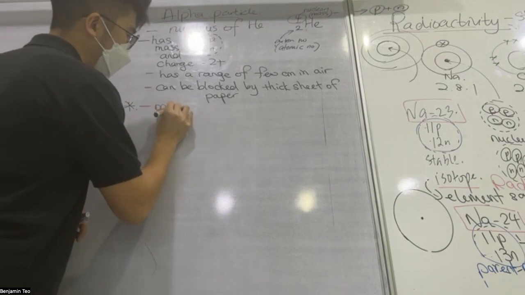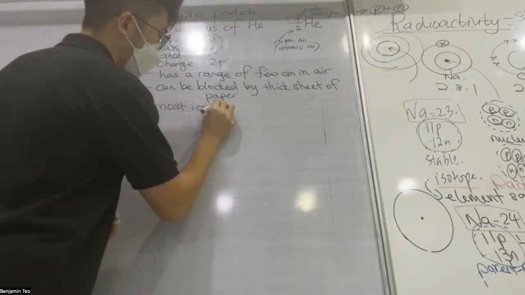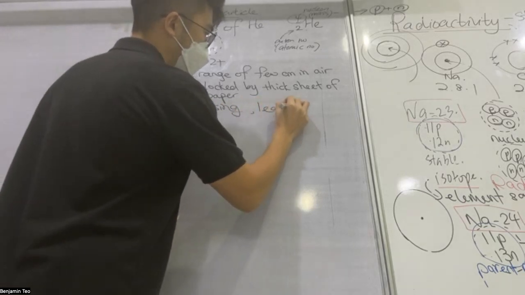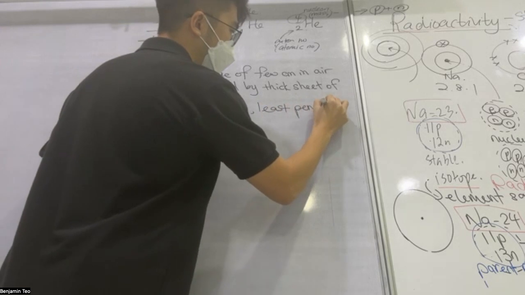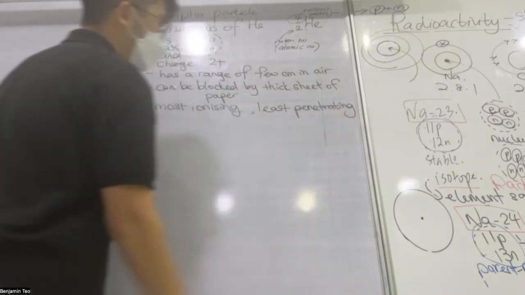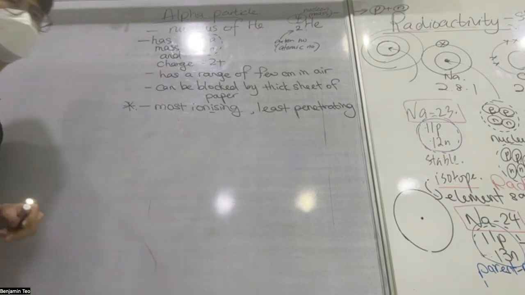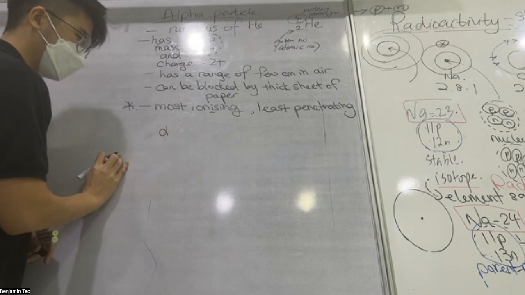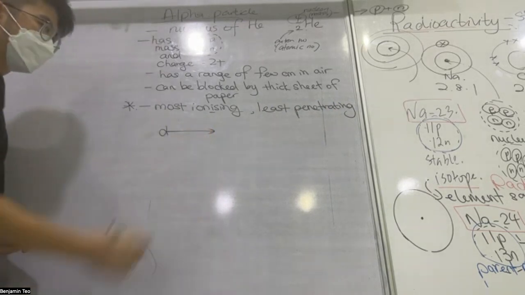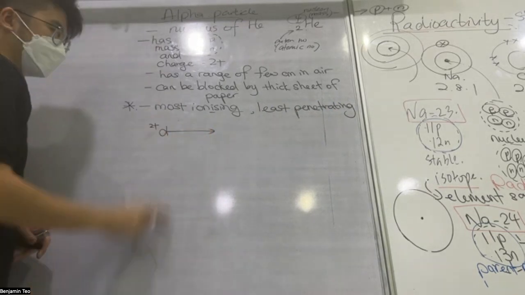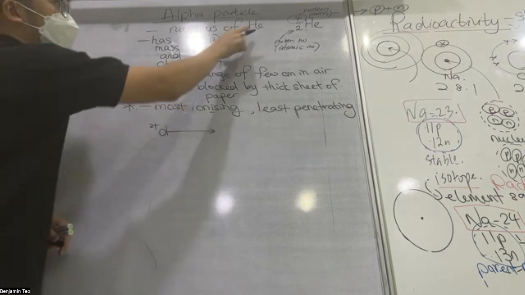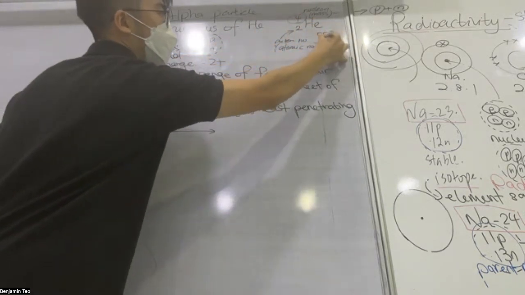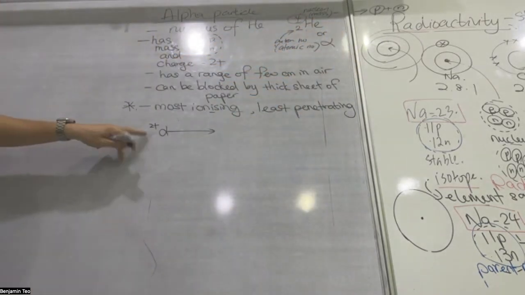Alpha is the most ionizing. 如果它是 most ionizing，它一定是 least penetrating 的吧？什么意思是 most ionizing？这个是你的 alpha particle，它飞这个方向，它有 2 plus 对吗？这个也是它的 symbol He 4 2 或者 alpha is my alpha particle.